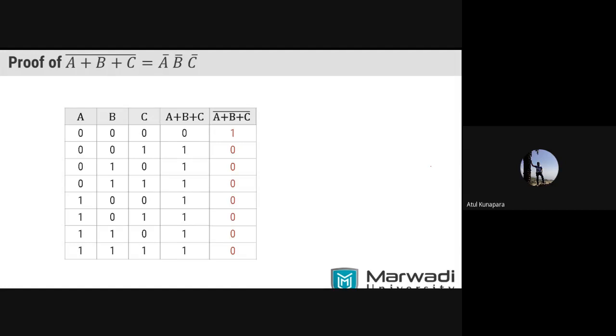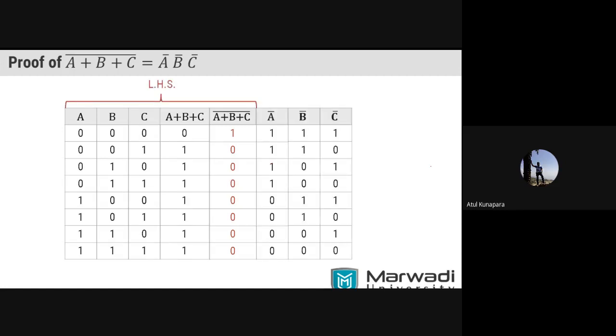Then on the right hand side we need A bar, B bar, C bar. So I will take A bar, B bar and C bar, which are the inverses of A, B and C, and you can verify that here. Then you perform the AND operation. You can see that A bar, B bar and C bar are all 1 only in the first case.